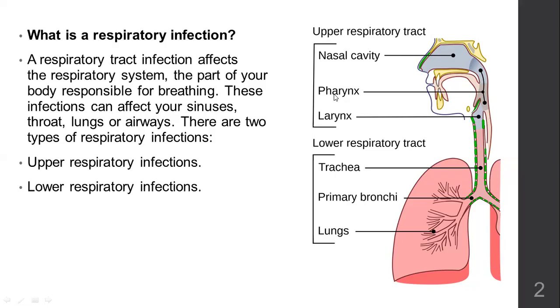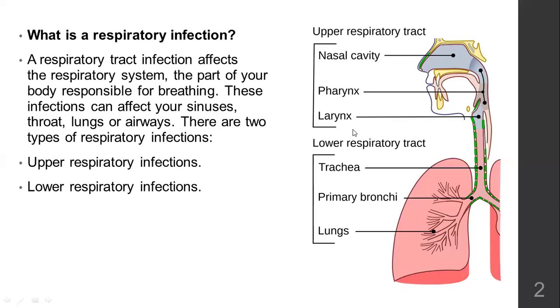There are two types of respiratory infections: upper respiratory infection and lower respiratory infection. The upper respiratory tract is your nasal cavity, your nose, your sinuses, your pharynx, and larynx. Larynx is the sound box, the voice box we say, in your throat.